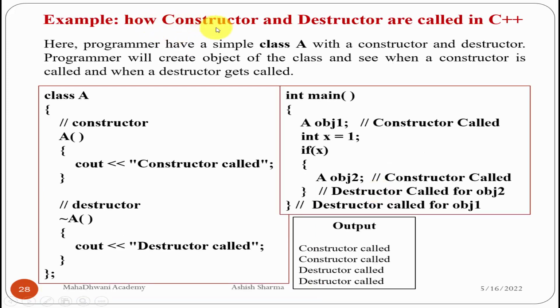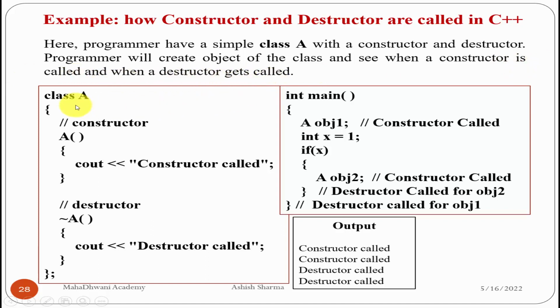How are the constructor and destructor called in a C++ program? Here the programmer has a simple class A with a constructor and a destructor. The programmer will create an object of the class and see when the constructor is called and when the destructor gets called.